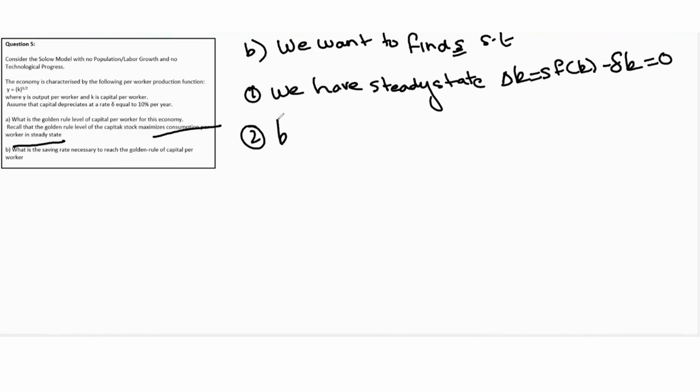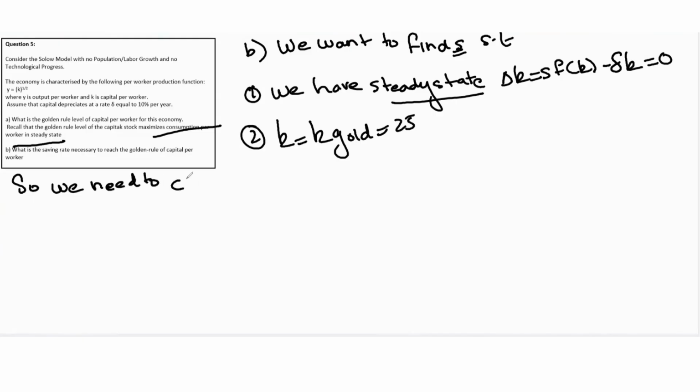Second, we want K equal to K gold, which is 25. The first condition ensures that we do have steady state, which we need for the golden rule. The second ensures that in this steady state, consumption per worker is maximized. So we need to choose S.